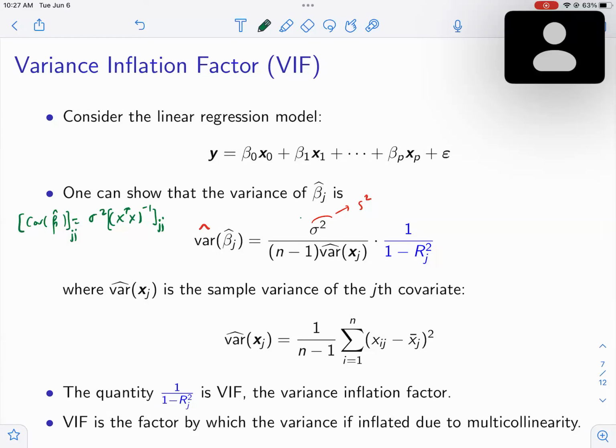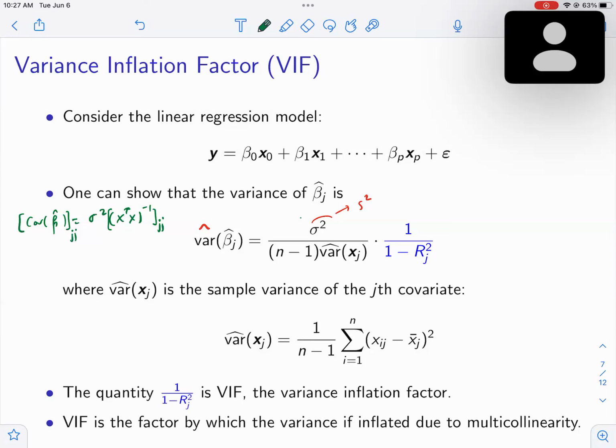What is rj squared? It's exactly the R squared of regressing the jth covariate onto everything else. When I regress xj onto the other ones, that's a regression problem, which has an R squared. I'm calling it R squared j. It's different for every covariate because it's a different regression problem.